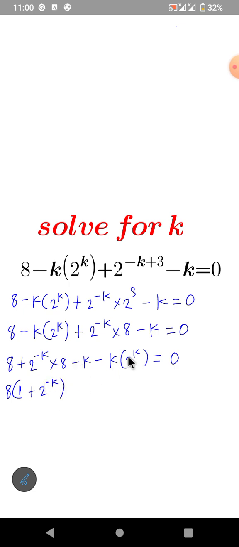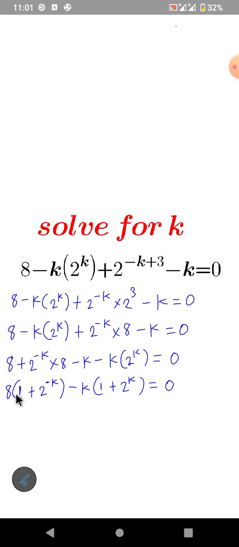Then between these two variables here, k is common, k is the HCF. So I'll say minus k, open bracket, k divided by k, that's what? 1. Then this expression divided by k is what? Plus 2 raised to the power of k. Close my bracket, all equal to 0.